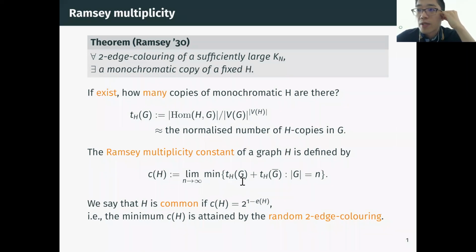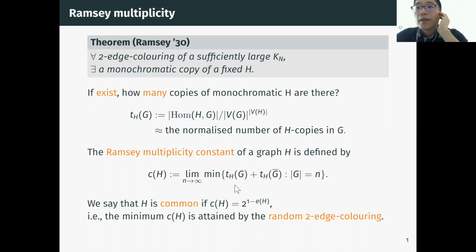Here G means the red subgraph of Kn, and you can think of G bar, which is the complement of G, as the blue subgraph of Kn. So this really asks for the minimum number of H which is monochromatic in this two-edge coloring.